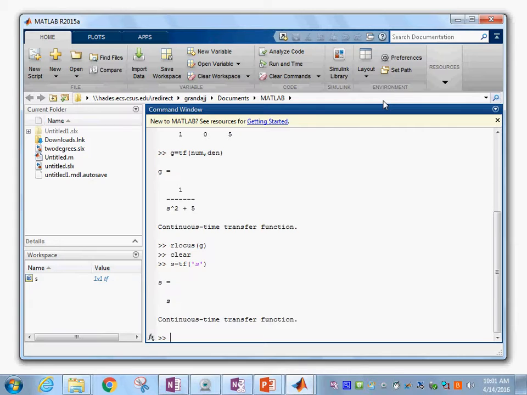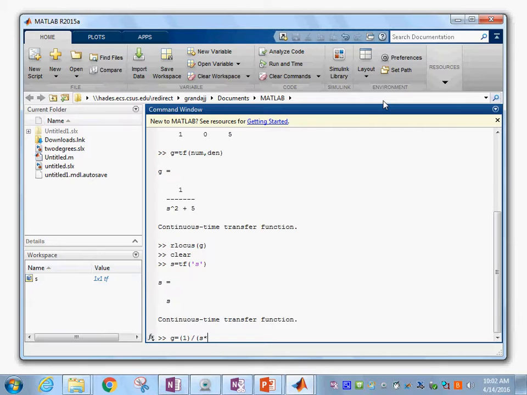So I am going to say that my transfer function G is going to be equal to 1, and I'm going to give it parentheses, like that. And then, just like I'm writing an expression, we have to do the parentheses here for the denominator, right?